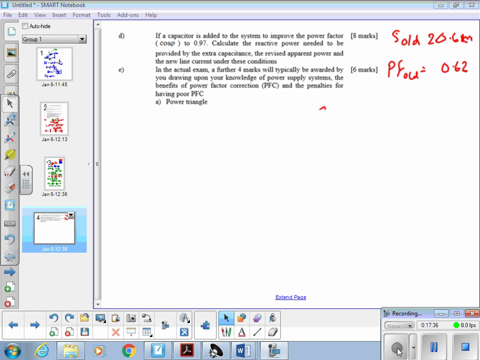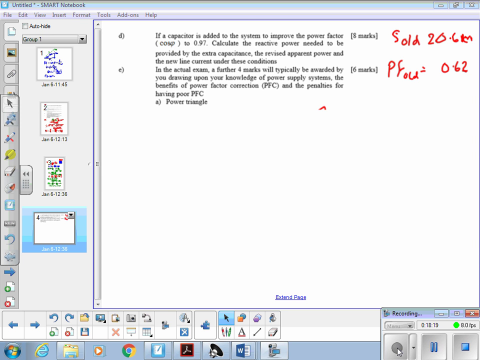Calculate the reactive power needed to be provided by the extra capacitor. So it wants to know how many kVARs the capacitor needs to provide to the system to get this power factor from where it was, 0.62, up to 0.97. Okay? Part E, for reasons of how much I can ask, I won't be covering in this tutorial. That just goes into a little bit more depth on your understanding of the purpose of power factor correction, if you get this style of question.